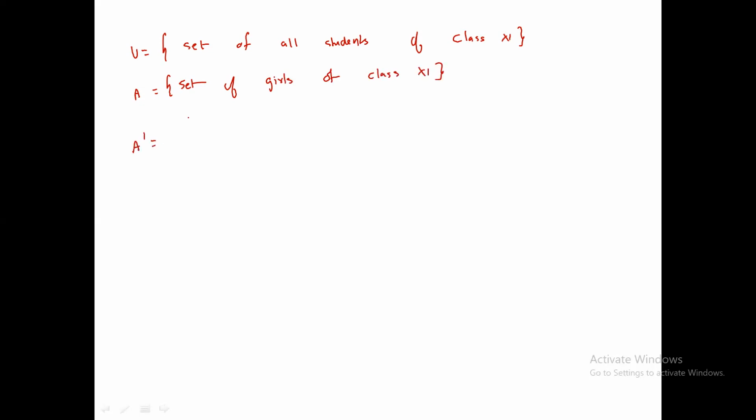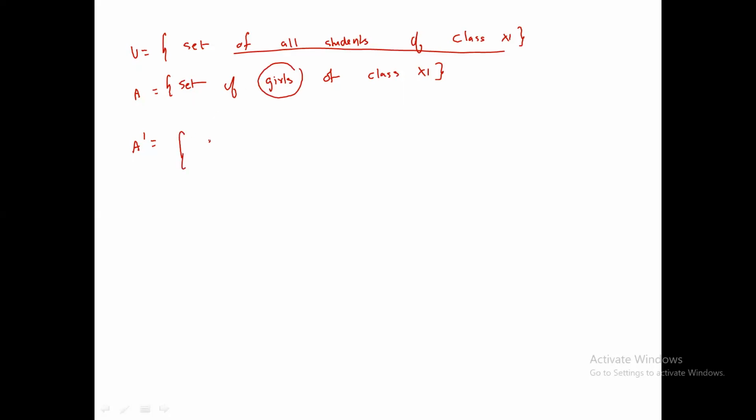Similarly, one more example. If U is the set of all students of class 11 and A is the set of girls of class 11, and you want to find A complement, from all students of class 11 you have to remove the girls of class 11.